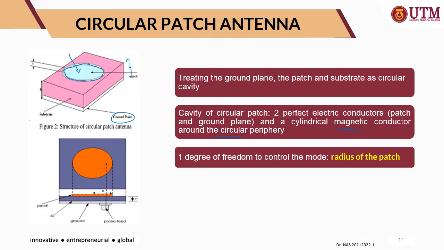If compared to the rectangular patch antenna, the circular patch antenna uses one degree of freedom to control the mode, which is the radius of the patch. For the rectangular patch, we have W, the width, and the length of the patch to control the modes of transmission.